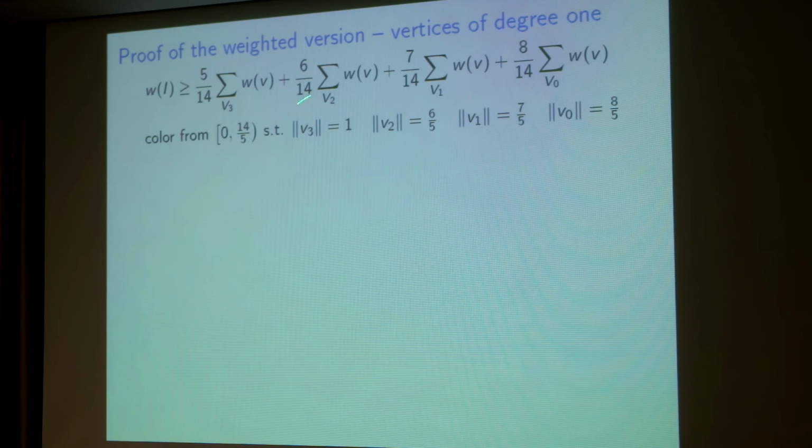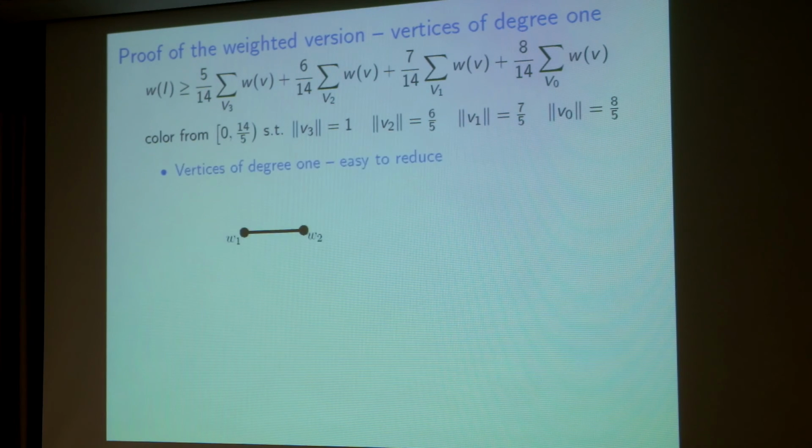But since I want a little bit more weight, if you just do the fractions between the weights, it means that on vertices of degree 2, I actually want to have stronger coloring. I want to assign them sets of measure 6 over 5. I want to get another 1 over 5 for vertices of degree 1, and so on.